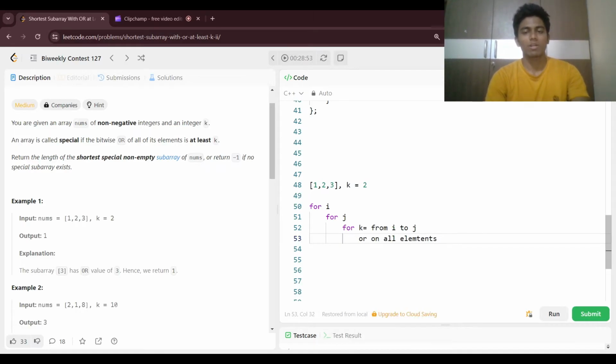If the number is greater than or equal to k, then we consider this particular length, and then we return the answer.